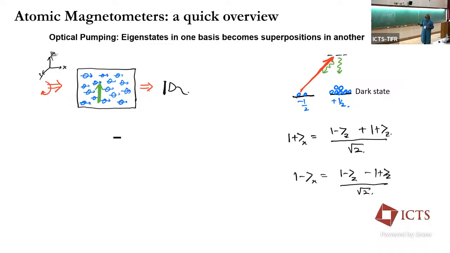So one thing to remember, and this is particularly important for experimentalists, because often we get stuck with the quantization axis. Sometimes we think that the quantization axis is God-given, but actually the quantization axis is your choice. And what looks like an eigenstate in one basis looks like a superposition in another basis.